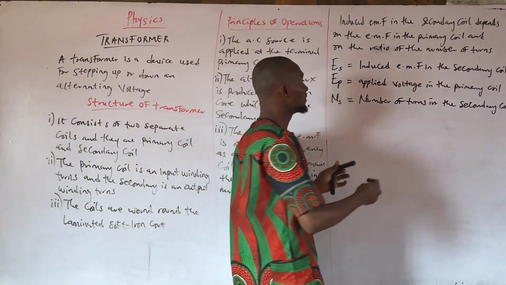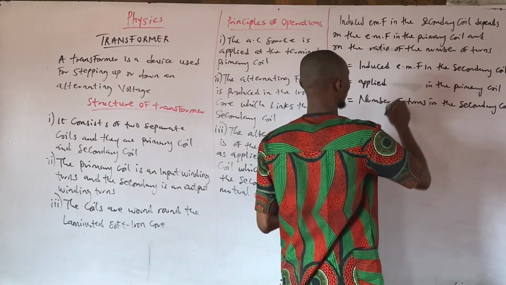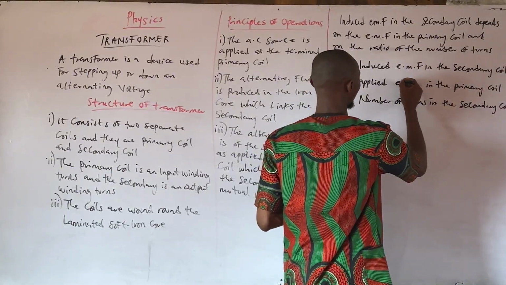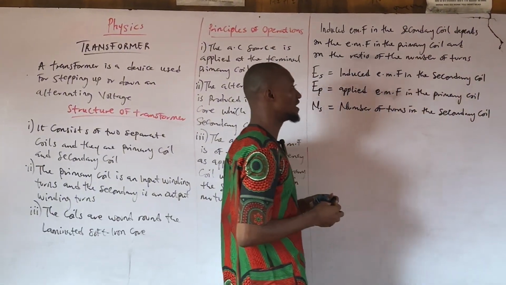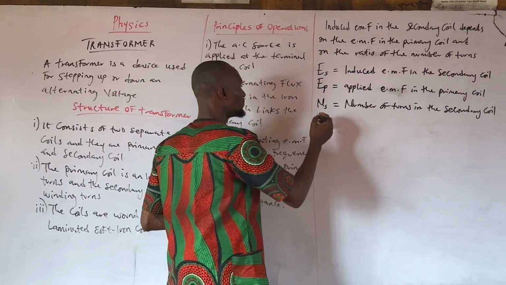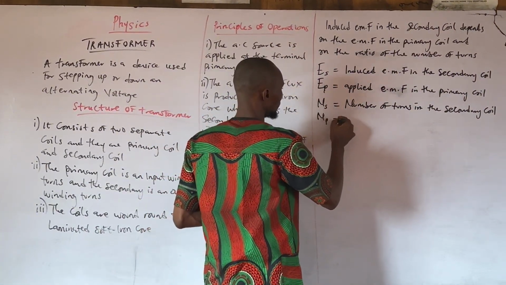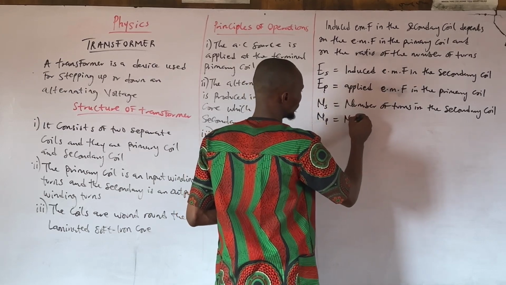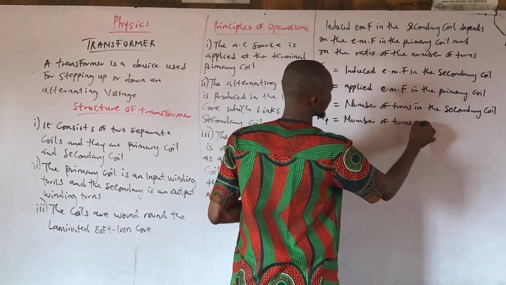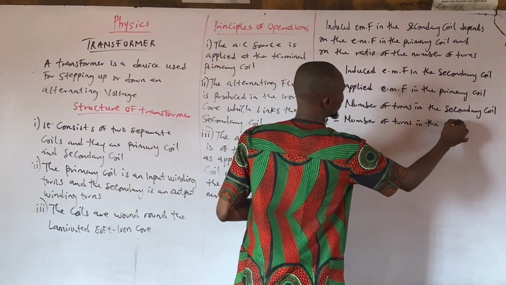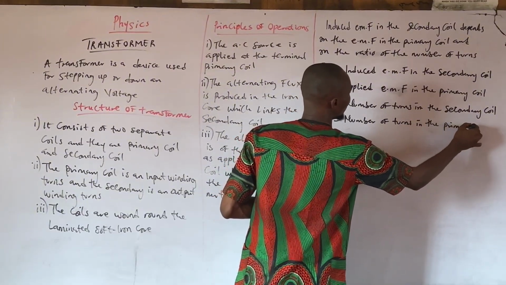You can also call Ep the applied EMF in the primary coil. Np is the number of turns in the primary coil.